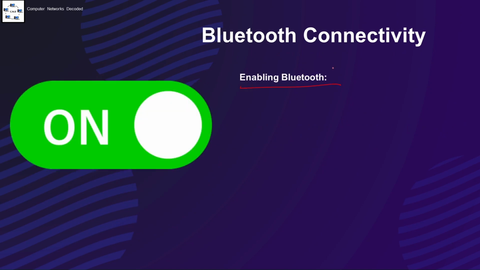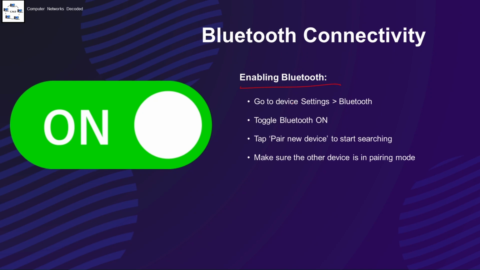Enabling a Bluetooth device is also pretty straightforward. You go to the device settings, then go to Bluetooth, and then toggle on Bluetooth. Then you tap on pair new device to start searching or discovery. And you should make sure that the other device is also in discovery mode or pairing mode so that you can connect with it.